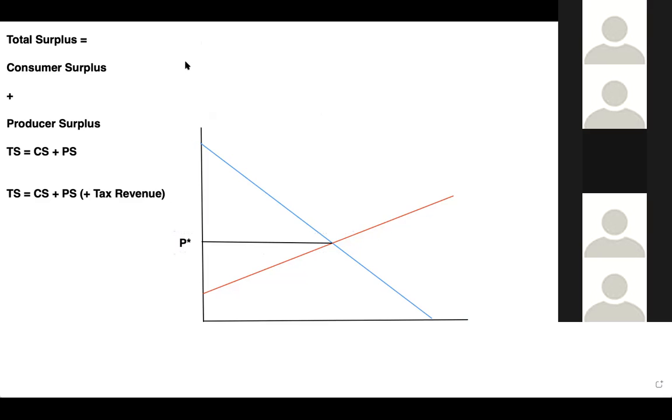Okay, and then I'm going to highlight two areas. All of this area here, which is below the demand curve and above the price that the consumers would pay, which in this case is the equilibrium price, all of this is consumer surplus, okay?